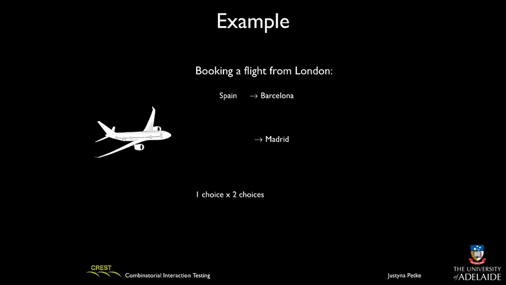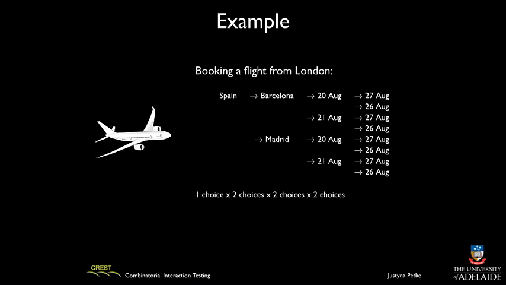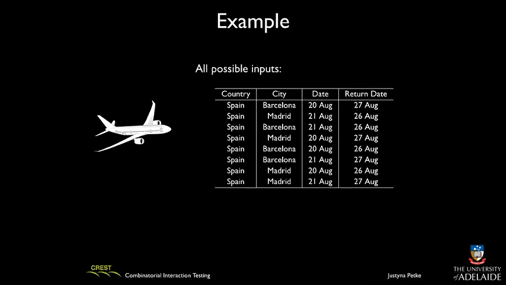Said we go to Spain, either to Barcelona or Madrid, either on the 20th or 21st. So we've got 1 choice for the country, times 2 choices for the cities, times 2 choices for the departure date, times 2 choices for the return date. In total, this gives us 8 possible inputs. And ideally, as output, the software doesn't crash. But that's all. We are concerned about the inputs.